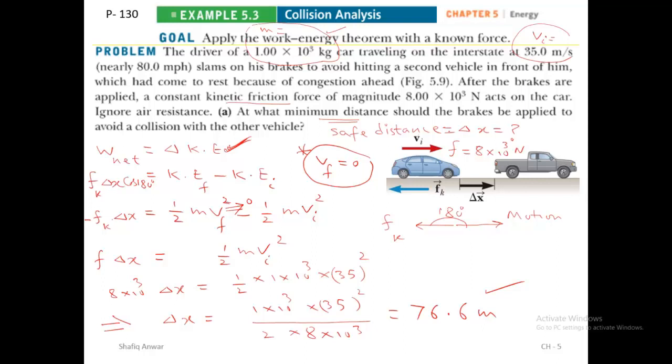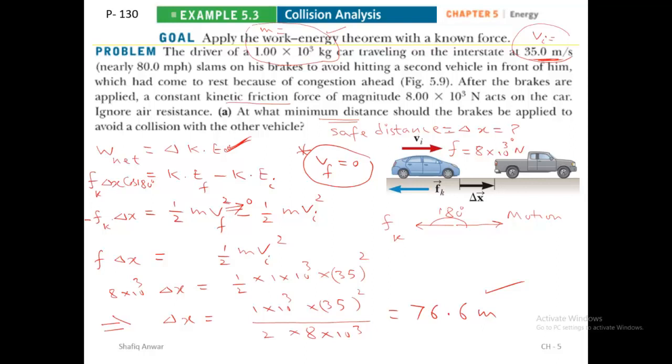Okay, Shabab? Teacher, how do I know V final is 0? You see, you are going on the highway, suddenly you are going with this speed 35, and suddenly you see that the traffic is blocked in front of you.